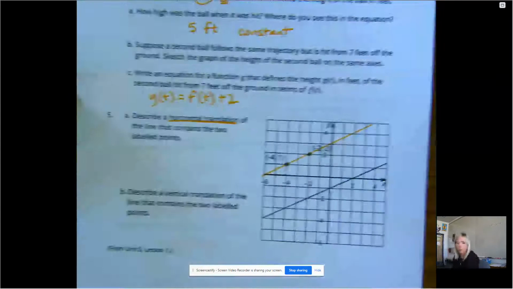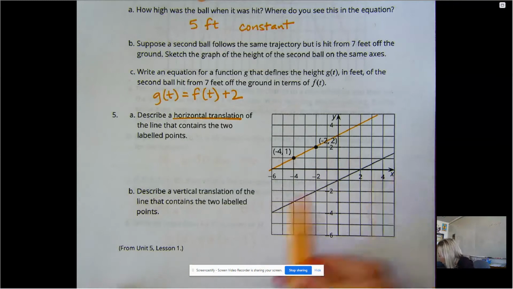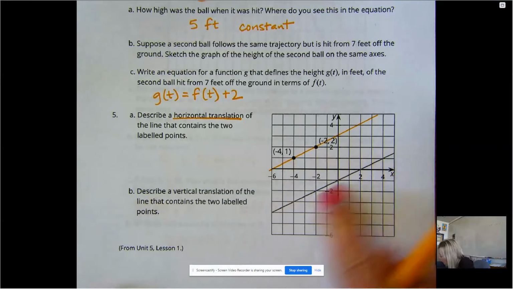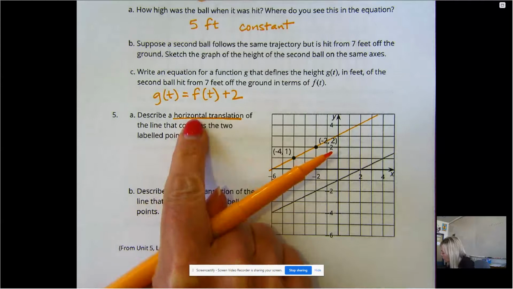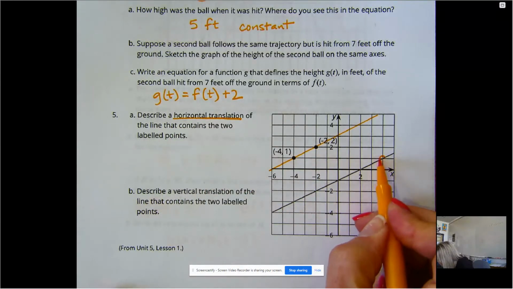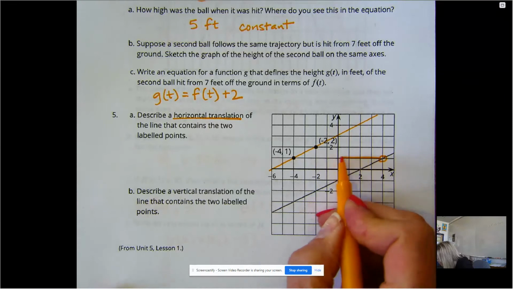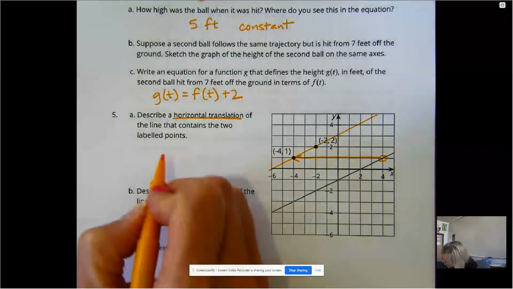Okay. So starting at the line that's already drawn to have a horizontal translation and end up on this line, I'm just going to match it up. It's from this point here, and it's to the left 8 units.